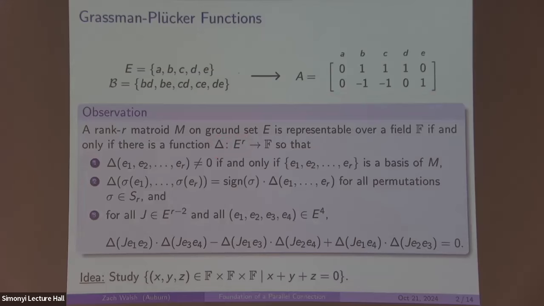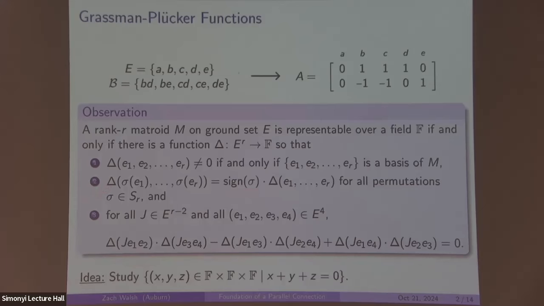It maps an R-tuple to something non-zero if and only if that R-tuple corresponds to a basis of the matroid. This function respects the signs of permutations of the columns, and it satisfies the 3-term Plücker relations down here. So the determinant function satisfies these properties.